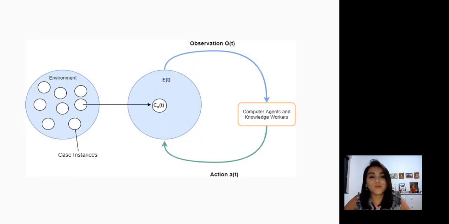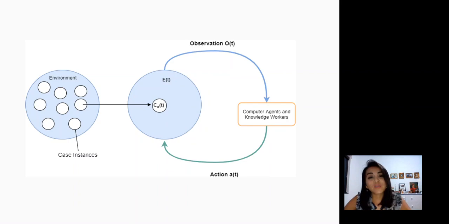So we decided to embrace decision making as a concept of artificial intelligence. We choose a specific case instance, analyze its current status and its interactive environment, observe a situation, and an agent takes some action in order to modify the environment and the status of the case.